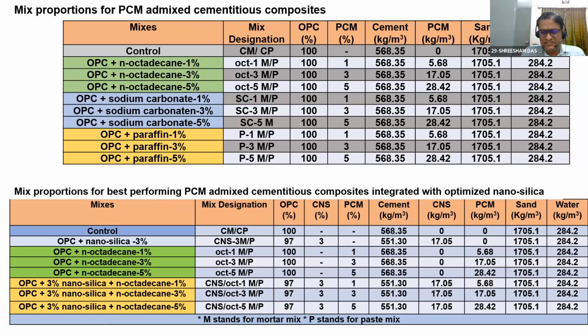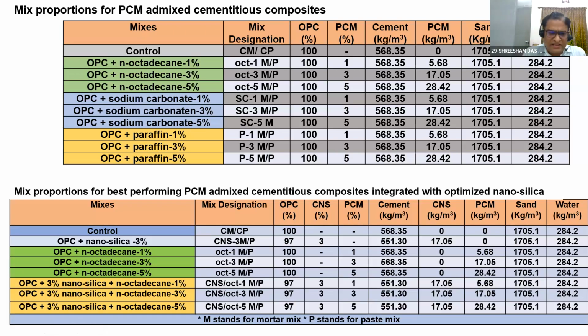First we checked what kind of phase change material doesn't hinder the hydration process too much. If it hinders too much, then it is not good for me. Out of these three, N-octadecane, sodium carbonate, and paraffin, we realized only N-octadecane is performing the best.